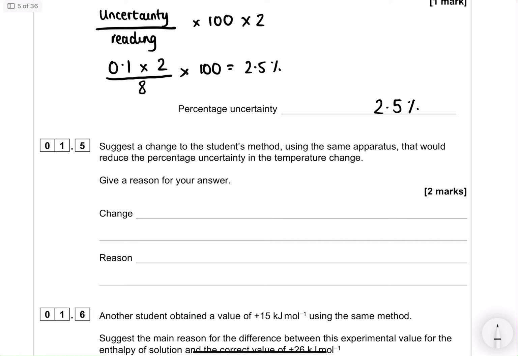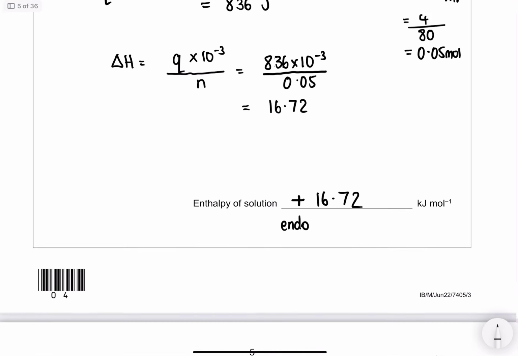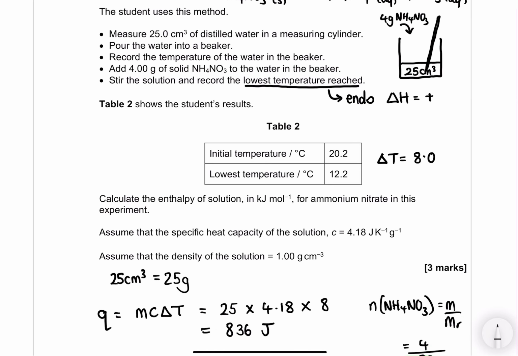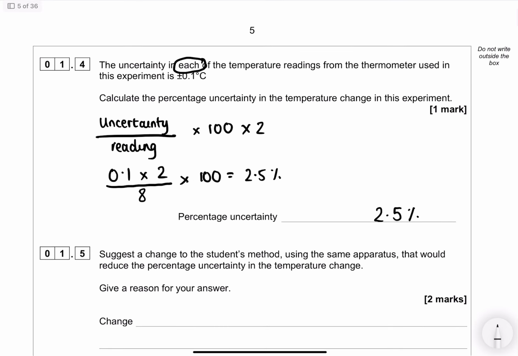Suggest a change to the student's method using the same apparatus. So we can't change the thermometer, which means we can't change the uncertainty on the top line of this calculation. That means we need to increase the reading on the bottom line in order to get a larger temperature rise. So we need some way of getting a larger temperature rise that will reduce our percentage uncertainty. So given that our experiment was just adding solid to water, if we want to get a bigger temperature change, we need to use more solid, more chemicals.